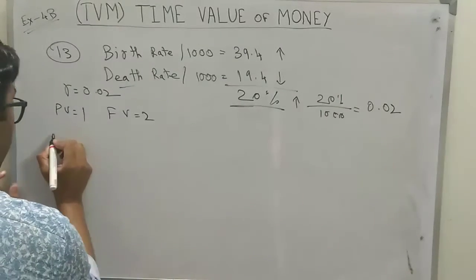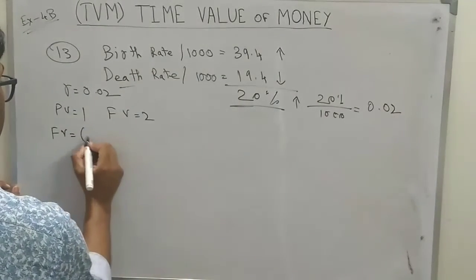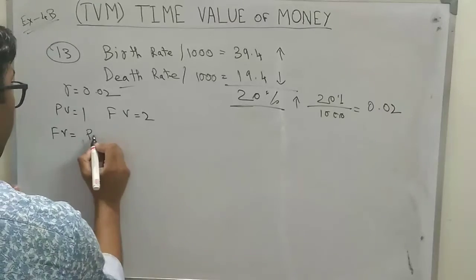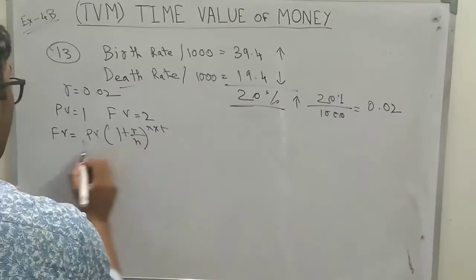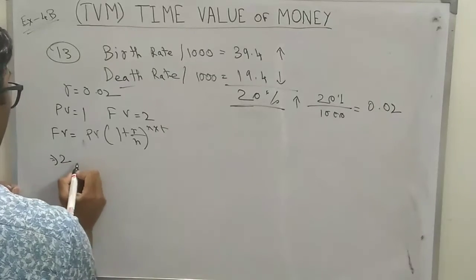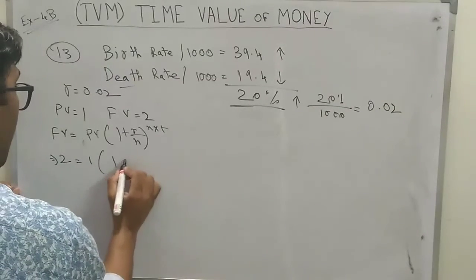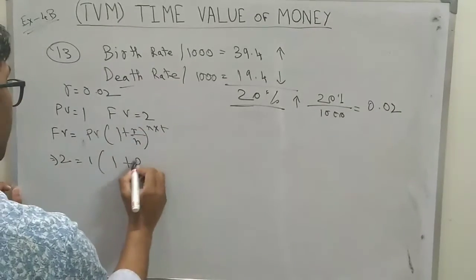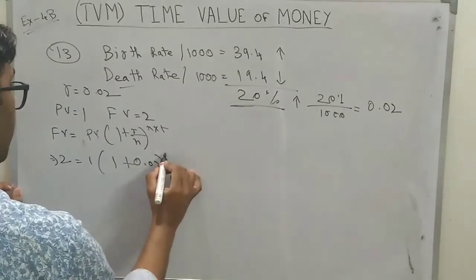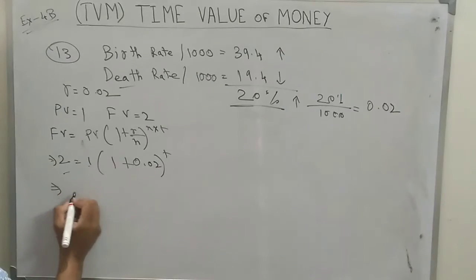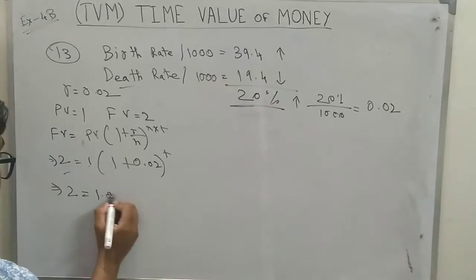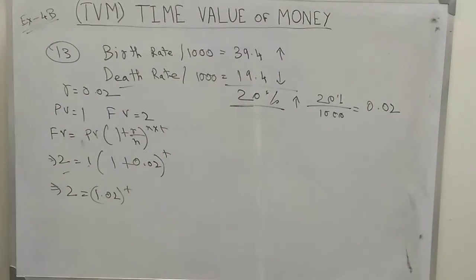The formula is FV is equal to PV into 1 plus R by N to the power N into T, so 2 is equal to 1 into 1.02 to the power T. Now we have to calculate 1.02 to the power T.